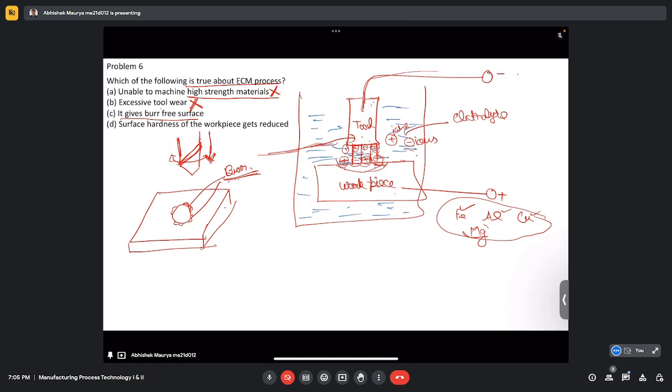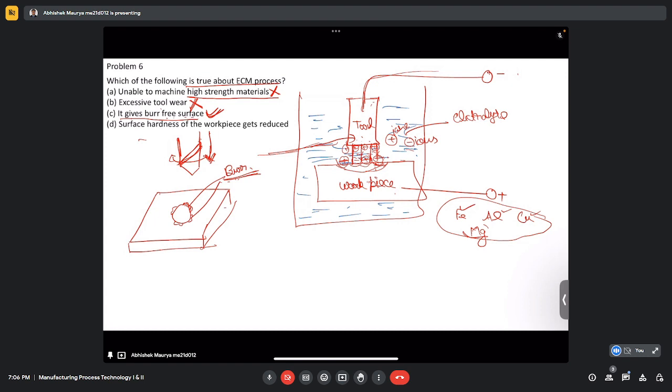Here the material removal is taking place atom by atom, so there is no chance of leaving any projection or chunk of material over the workpiece. So we will get a very neat and clean surface after electrochemical machining. So yes, this is true. It keeps the surface burr free. It is correct.